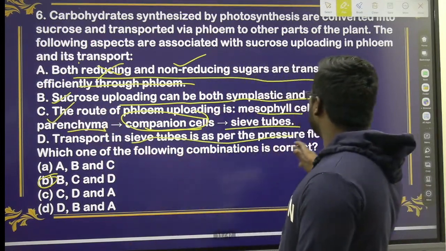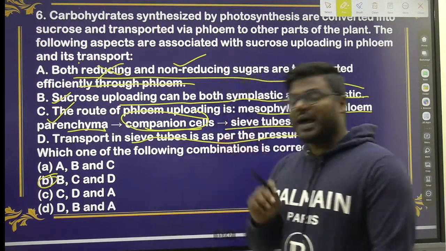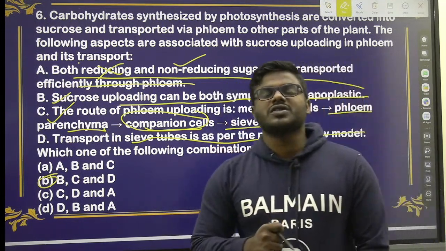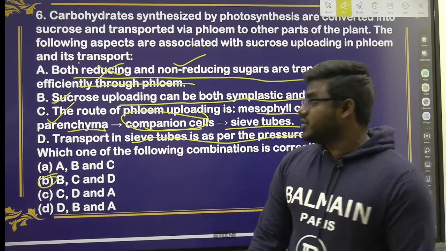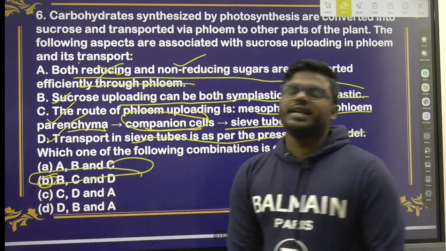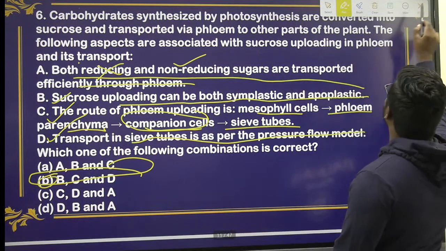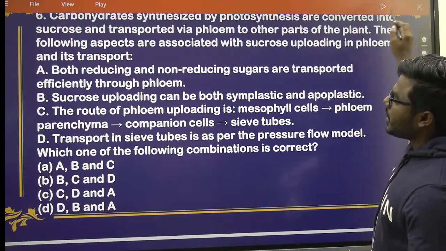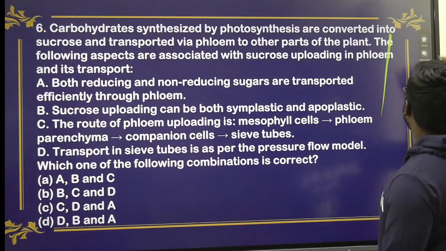Transport in sieve tube is as per the pressure flow mechanism, we call it the bulk flow hypothesis or the Munch hypothesis, based on the name of the discoverer Ernst Munch. Then D is also correct. Hence the correct answer will be B. Perfect. Get ready for question number 7.